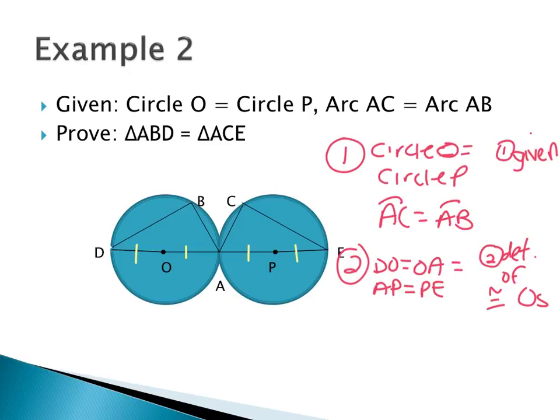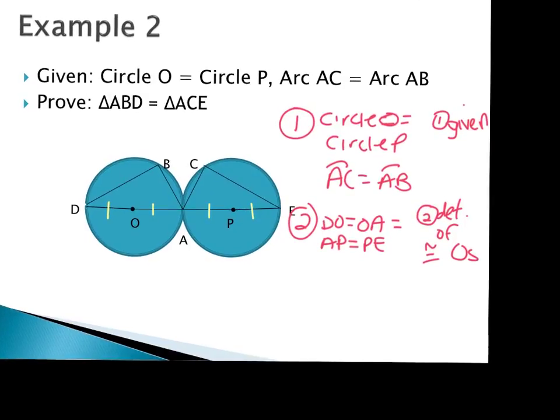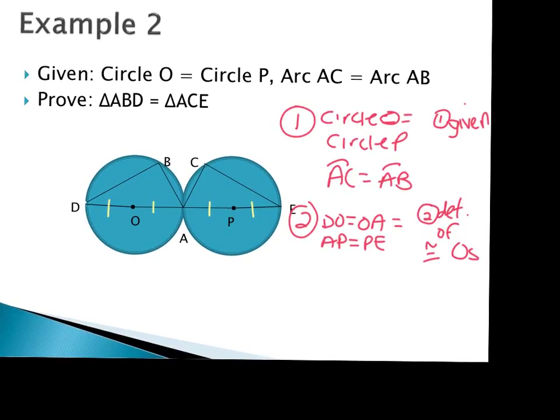How? Because if the arcs are congruent, they're opposite in half. So this one's congruent to this one? Yeah. So angle CEA is congruent to angle BDA.